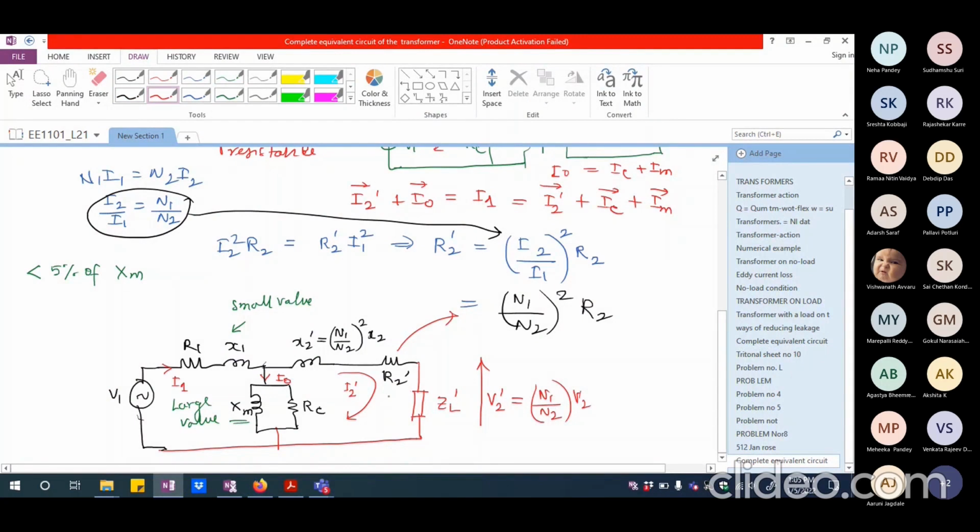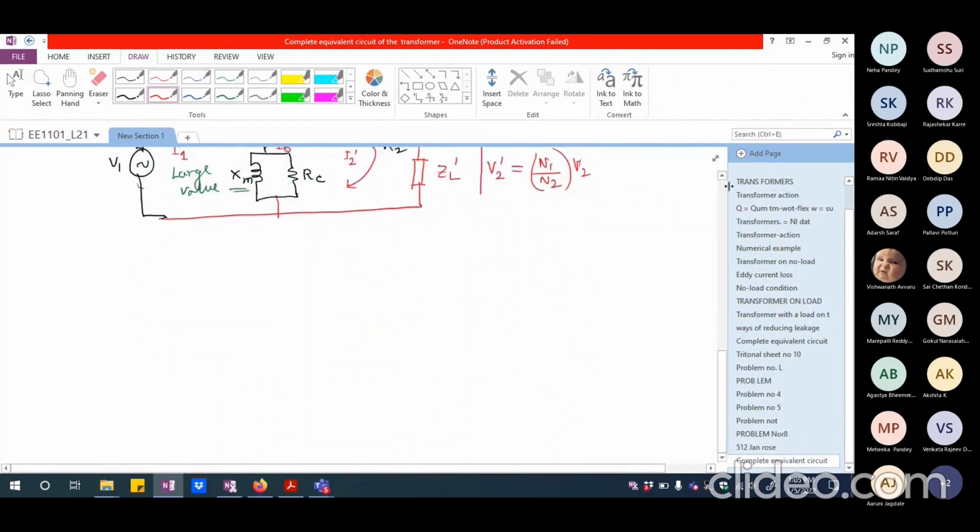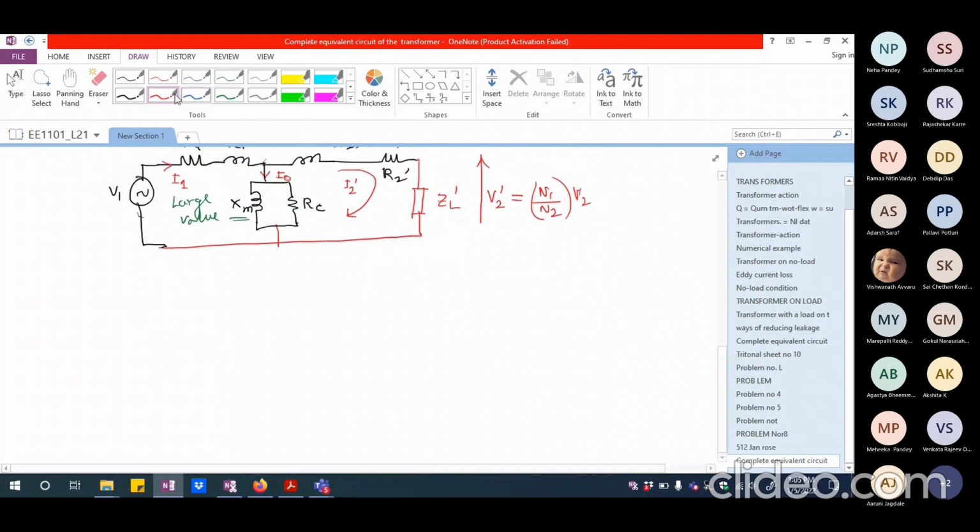Now considering this, let us try to draw the phasor diagram for this transformer with the entire equivalent circuit. Again, I am going to start with the common quantity, which is flux. So this is the flux, which is common to both primary and secondary. And I will have a magnetizing current, which is actually causing this flux.